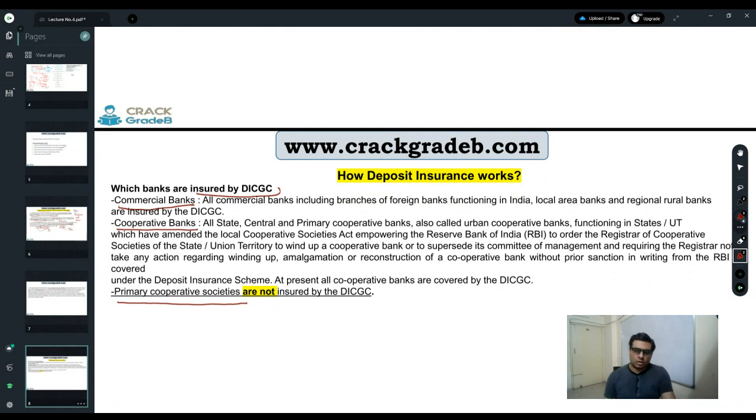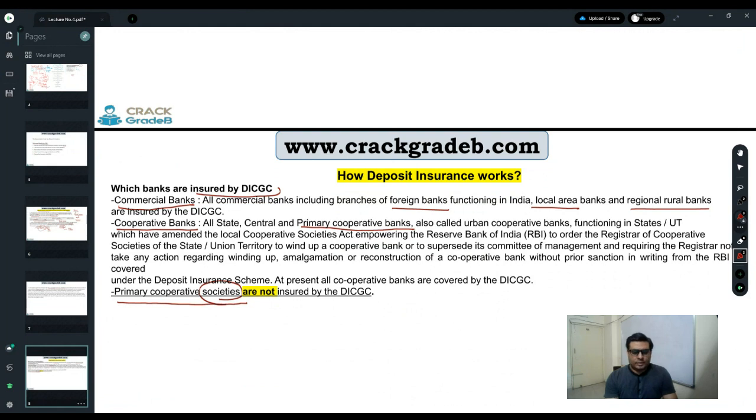They are not insured by the DICGC, but all other commercial banks, including foreign banks functioning in India, local area banks, and regional rural banks, are under the purview of DICGC. All state, central, and primary cooperative banks are covered, but primary cooperative societies are not covered.